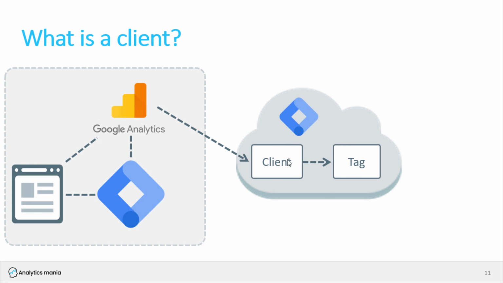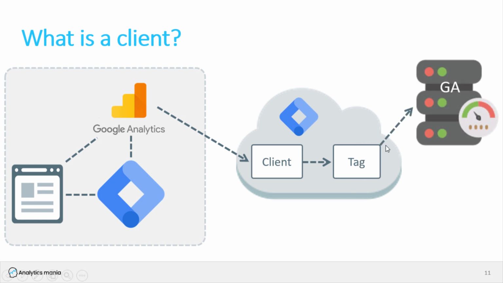Then that data can be accessed by tags, by variables, and when this tag is activated, then that tag sends the data further to Google Analytics servers. But this is a very simplified explanation because even if we're using clients, there is still a trigger between them, and we'll take a look how we can do that in a minute or so.